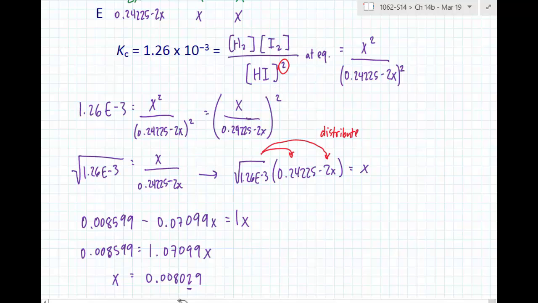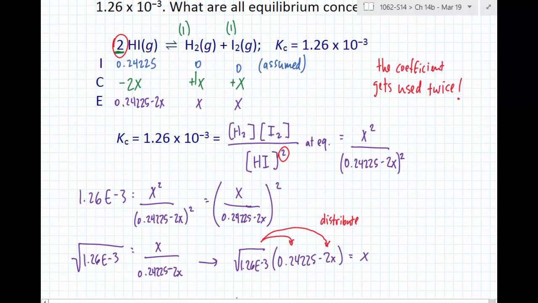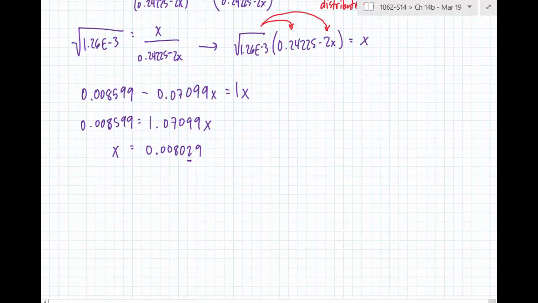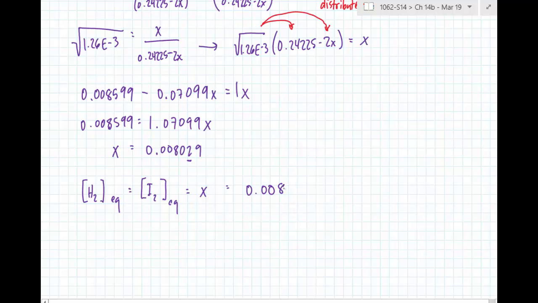But now that we have x, what does that mean? X is the concentration of what? Products at equilibrium. Okay, so let's just write it right here. H2 at equilibrium, which is the same as I2 at equilibrium, is x, 0.0803.